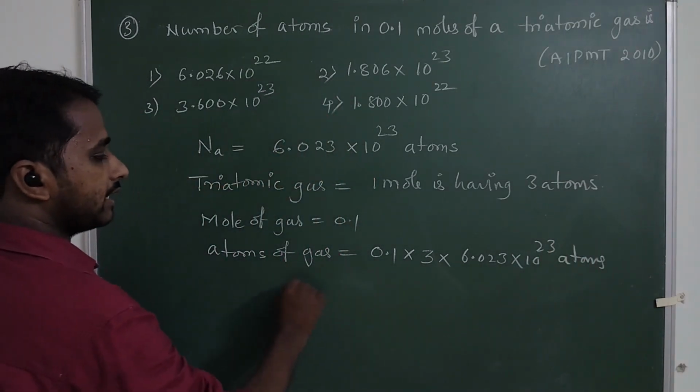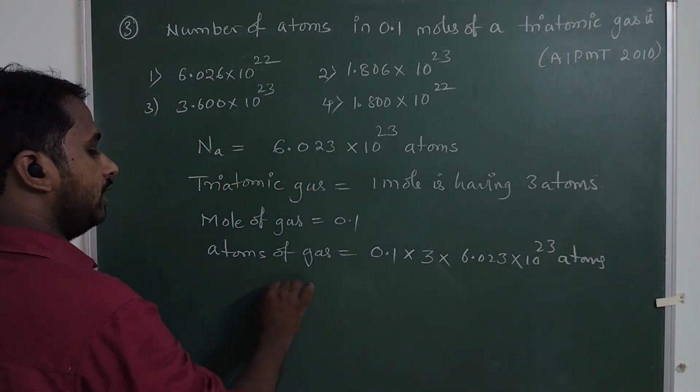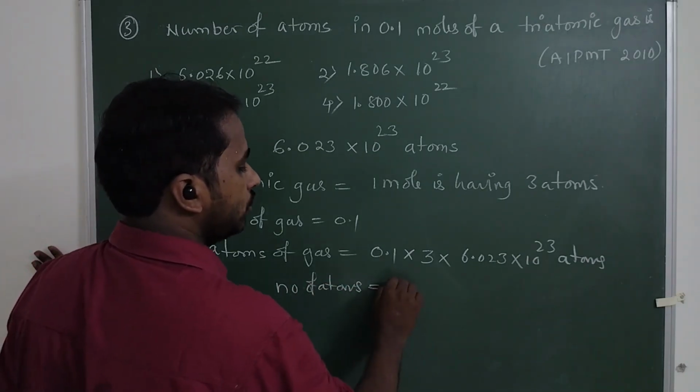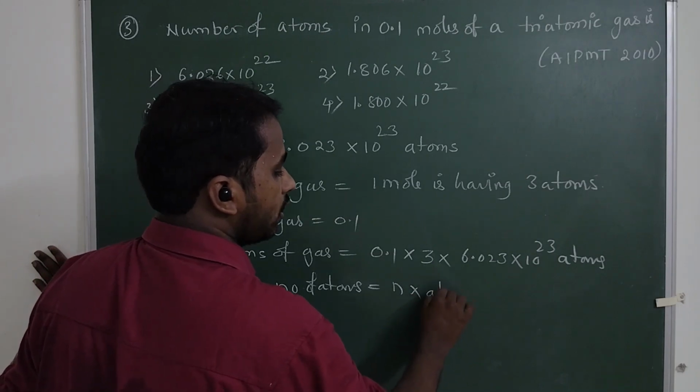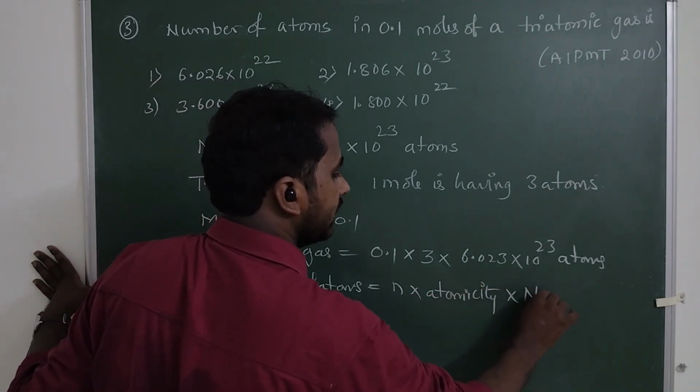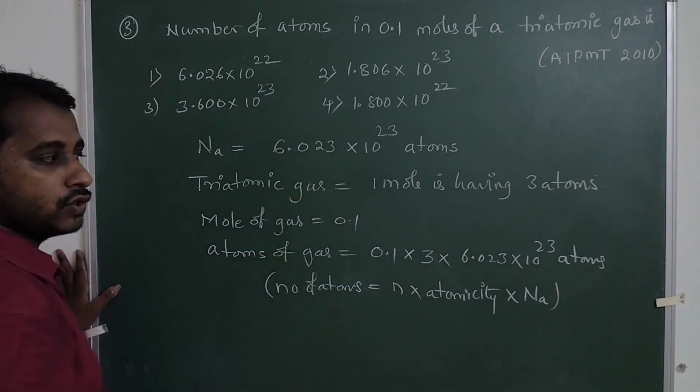So in simple formula, number of atoms is equal to moles into atomicity into Na. So this formula we can use directly.